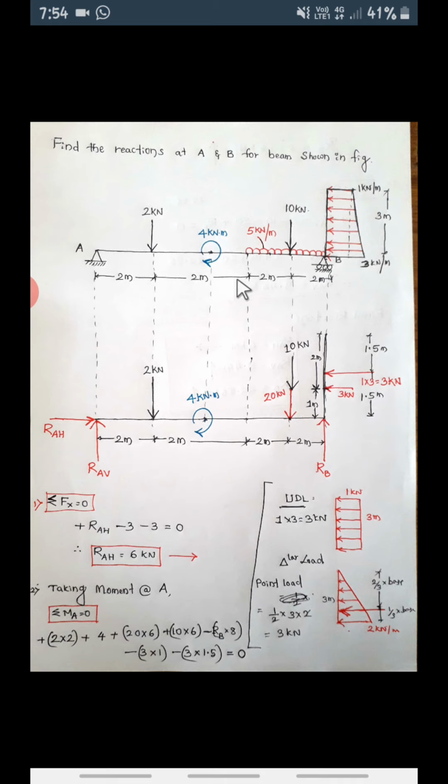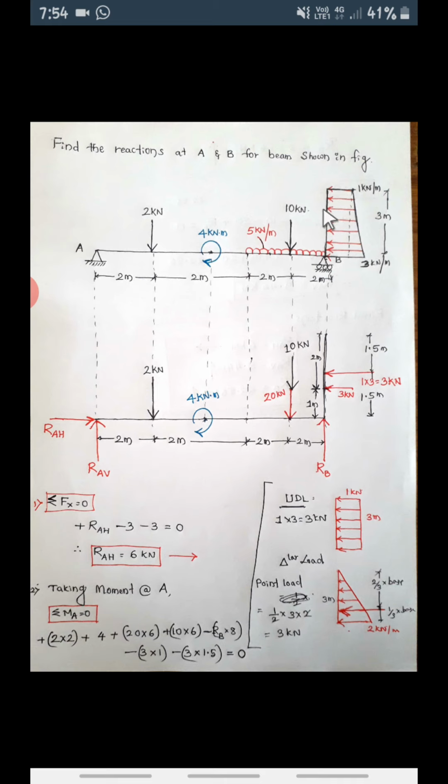Half of this 4 meter means 2 meter from here and 2 meter from support B. At the same point, the 10 kilonewton point load will be there, so we're going to show one more load here, 10 kilonewton. So this is the conversion of UDL into point load, and this is the point load as it is.